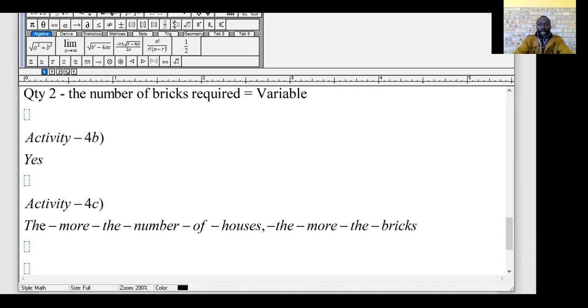So the more the number of houses to be built, the more the number of bricks.